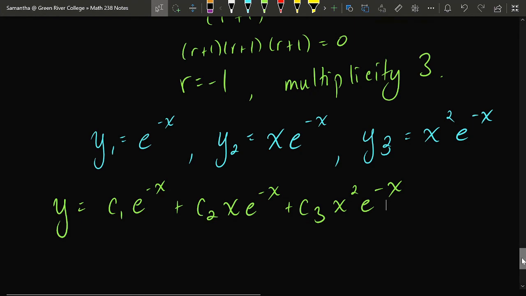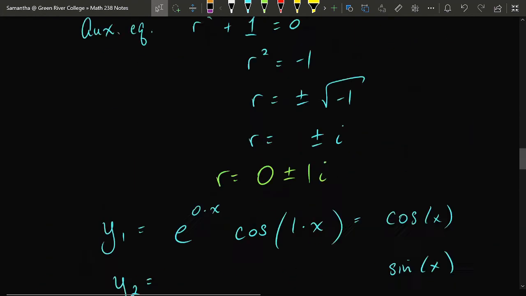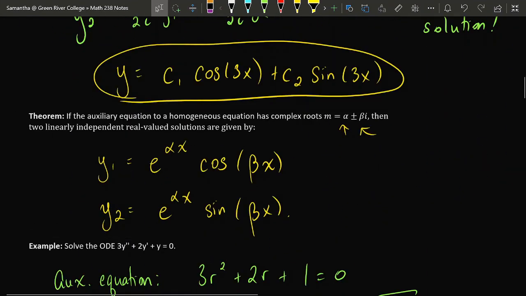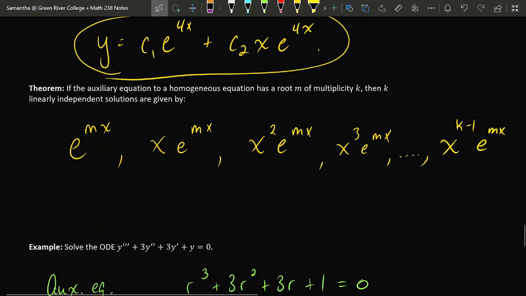If your differential equation has complex roots, then you need to use the formula given in this theorem to convert those complex roots into 2 real-valued solutions, which contain cosine and sine. And in the case that your auxiliary equation has a repeated root, then you can construct linearly independent solutions by just tacking on extra factors of x to get other solutions which are linearly independent from the ones before.